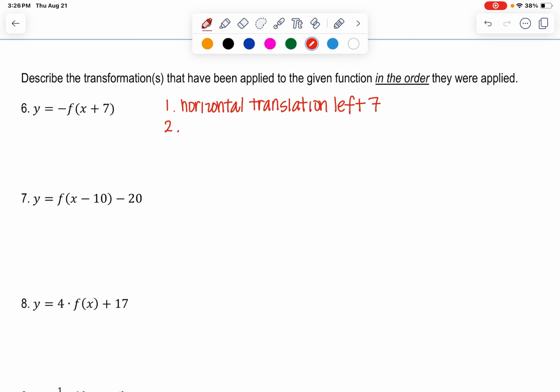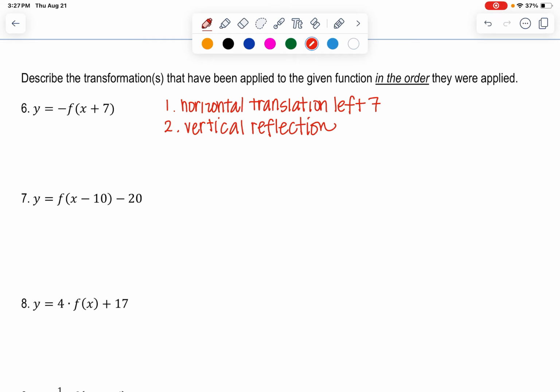The other one that you have here, we only have one left, so I'm not going to ask, do we have any B values? What about A? What about K? There's only one thing left, and there's this negative outside the function, so that's vertical. And a negative in front is going to be a vertical reflection. Now you could also say reflection over the x-axis.